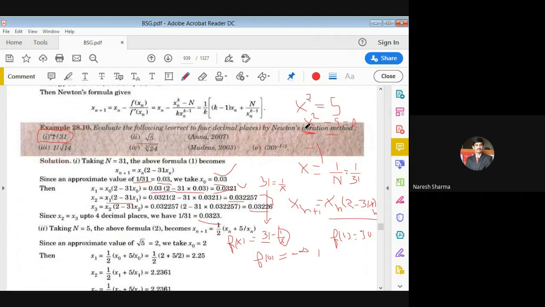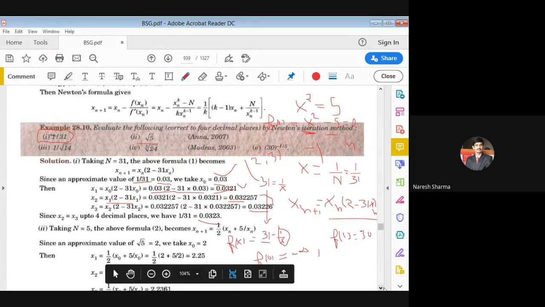We assume this left side as the function. And if you put 3, that gives 3 square, 9 minus 5, which is 4, positive. So the negative and positive values mean the root lies between 2 and 3. You can put any value between 2 and 3. You may start with 2, 3, 2.1, 2.3, whatever you think.